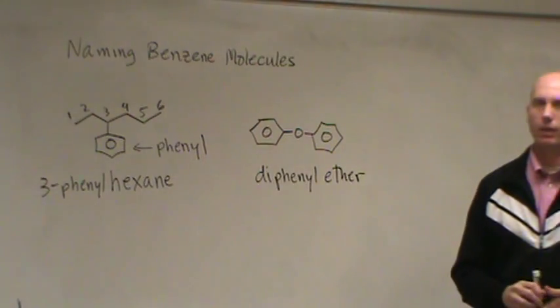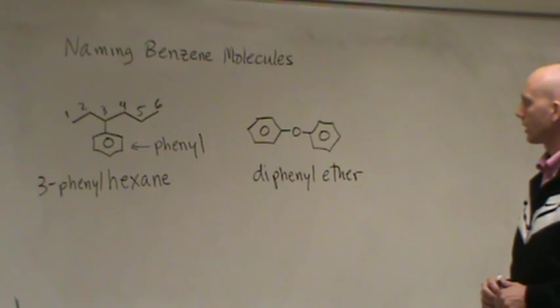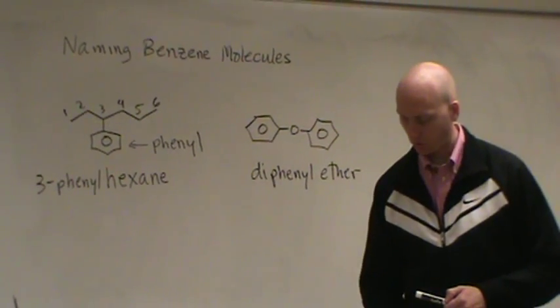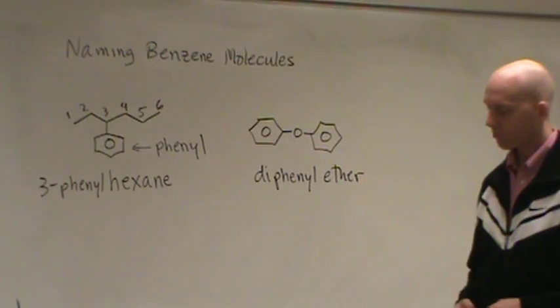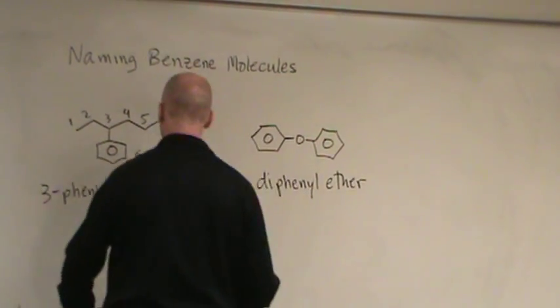So here we would have diphenyl ether. Okay? So naming it as a phenyl group can be very helpful to us. Okay? Let's look at another example of this stuff.